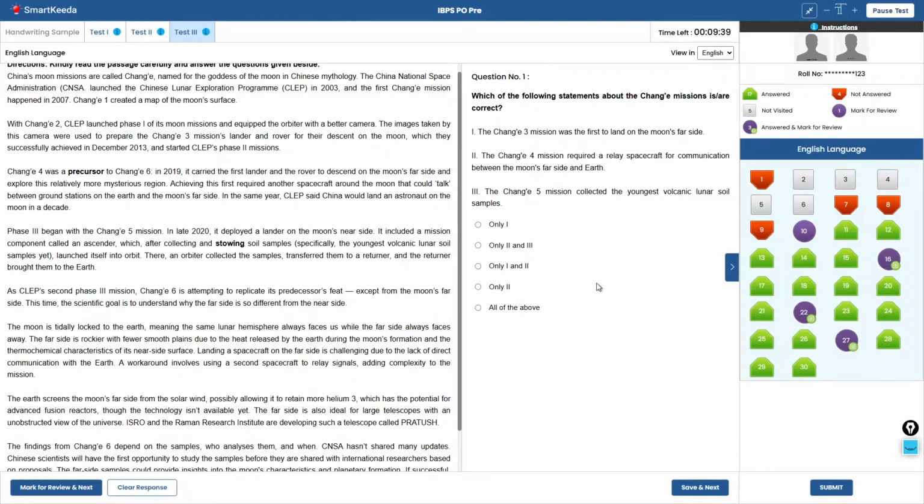China's moon mission is called Chang'e, named for the goddess of the moon in Chinese mythology. The China National Space Administration (CNSA) launched the China Lunar Exploration Program (CLEP) in 2003, and the first Chang'e mission happened in 2007.